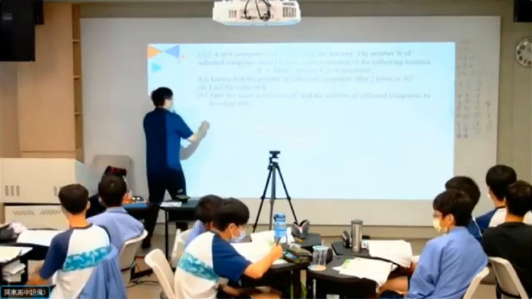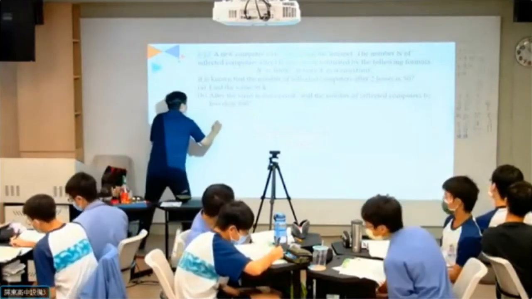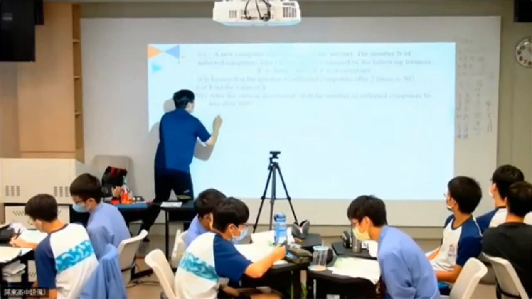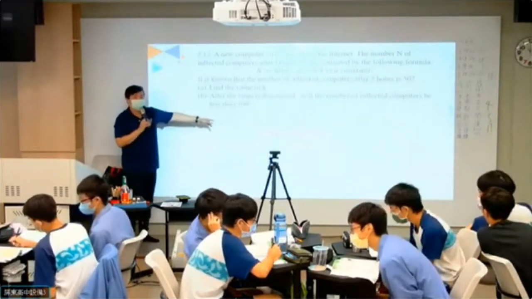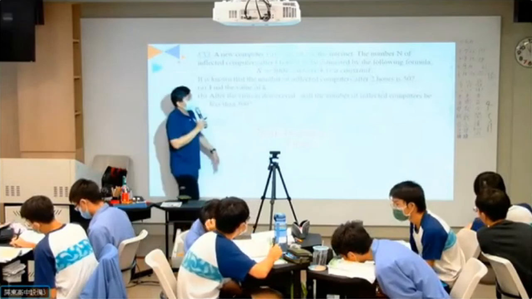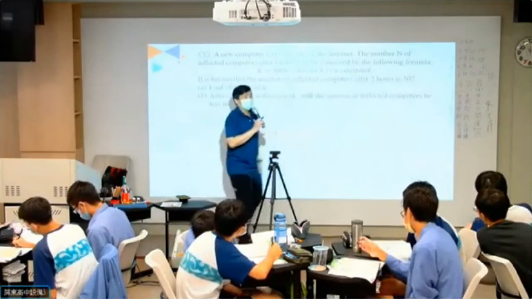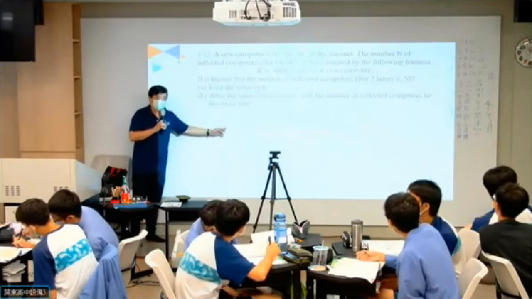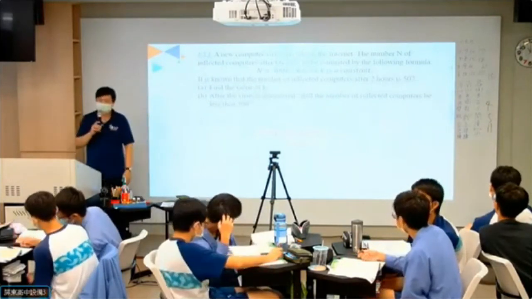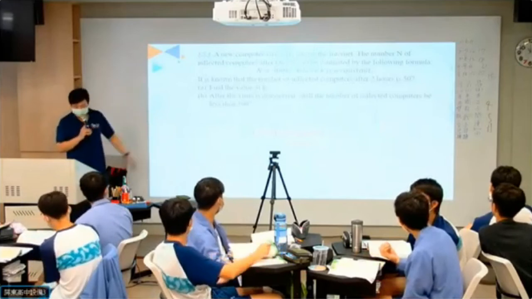Okay, so we have the formula. N is equal to 300 times k to the power of t. And we use the conditions. Okay, so we can solve what k is. Okay, try to use that. Okay.